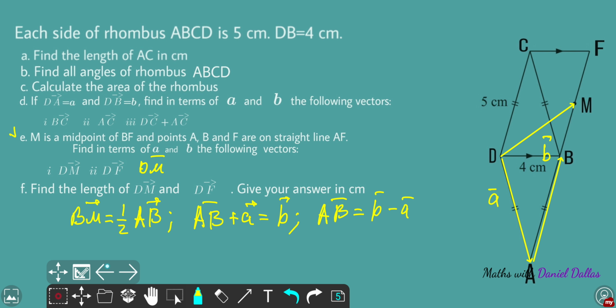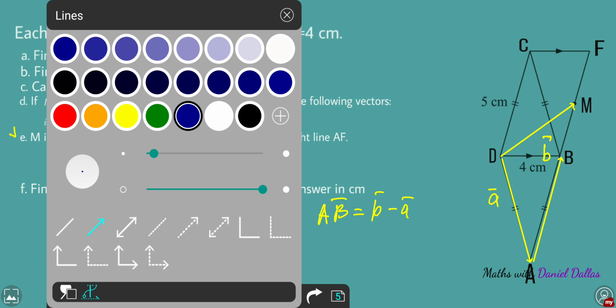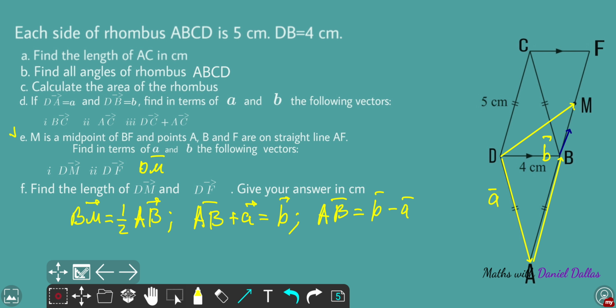Okay. So we've done BM, and that's why BM is 1 over 2. So right now we know BM, I mark it with that blue one, okay? BM is simply half of AB.